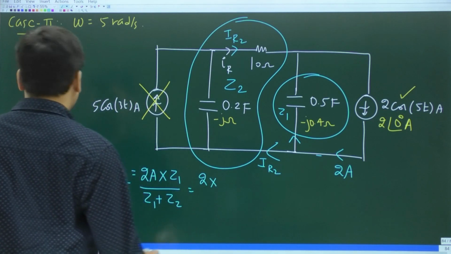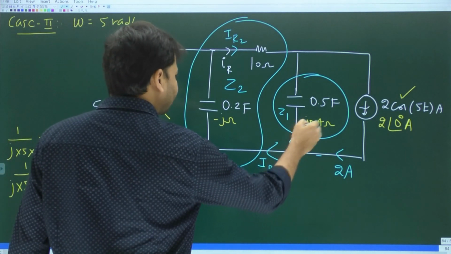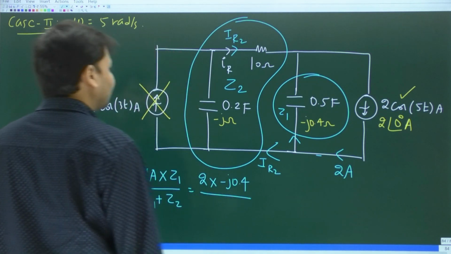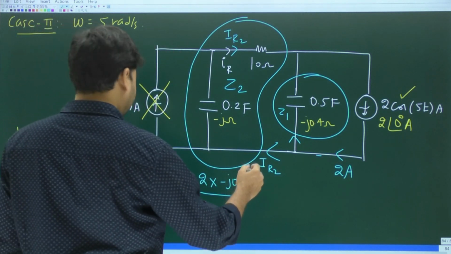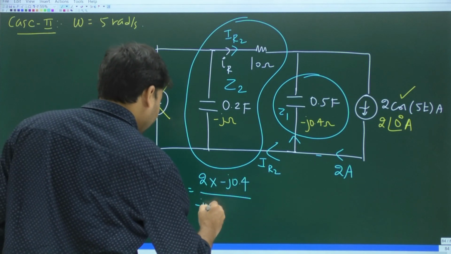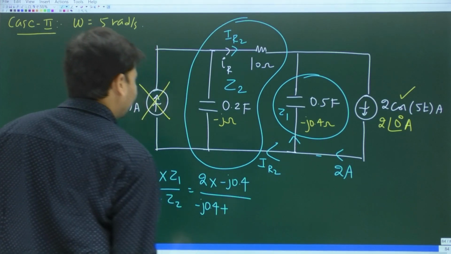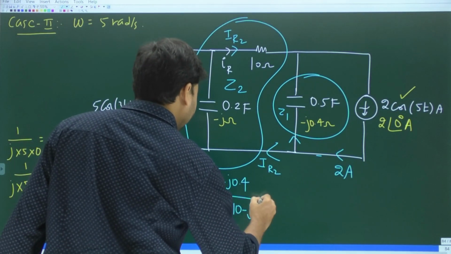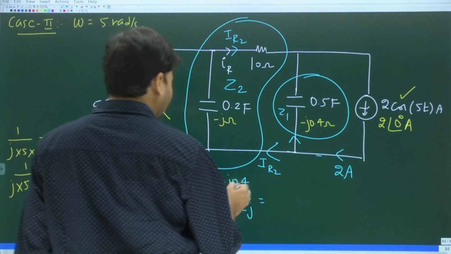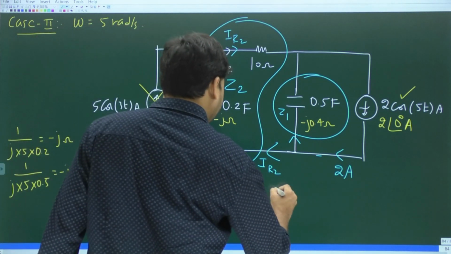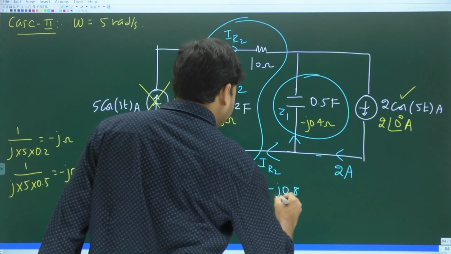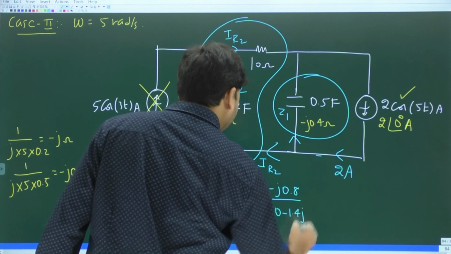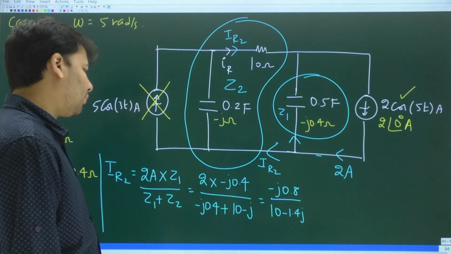So 2 times Z1, which is minus j 0.4, upon Z1 plus Z2, which is minus j 0.4 plus 10 minus j. Again, 2 into minus j 0.4 is minus j 0.8, divided by 10 minus 1.4 j.